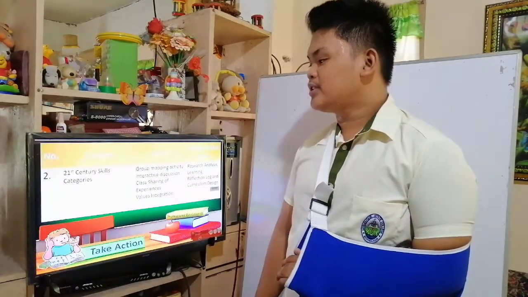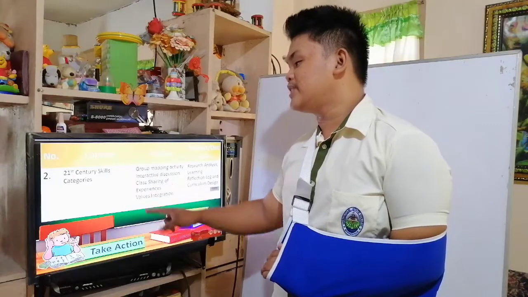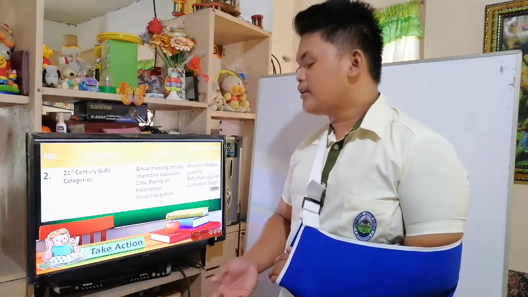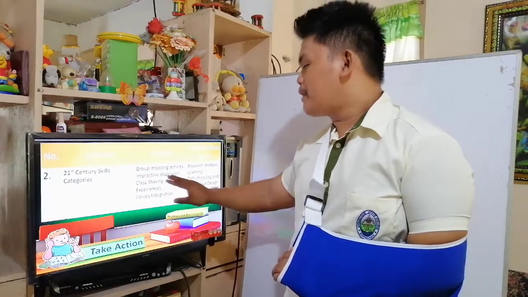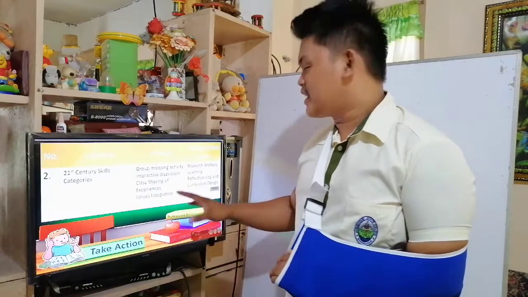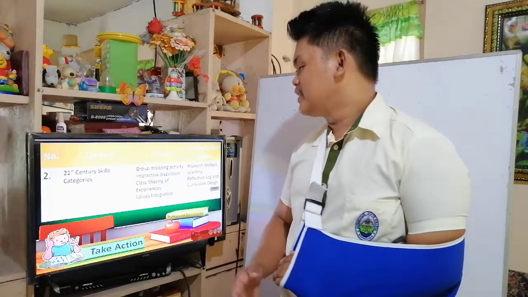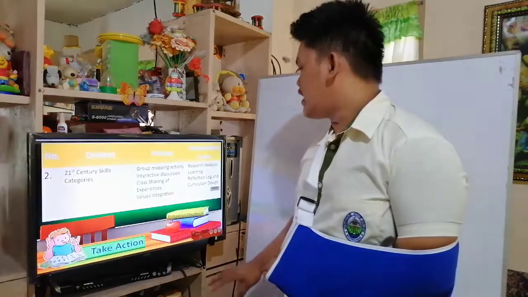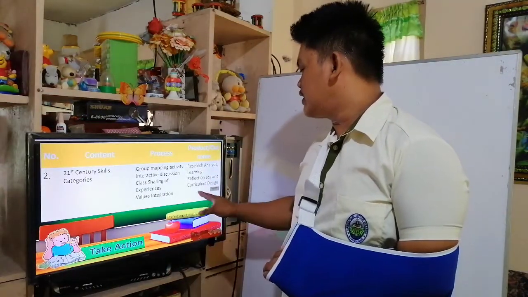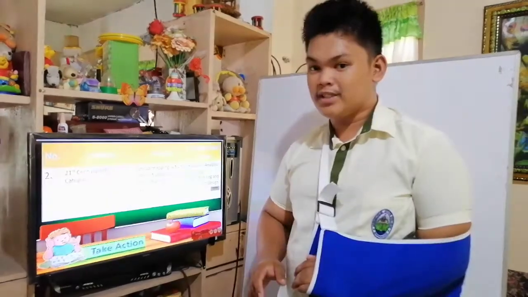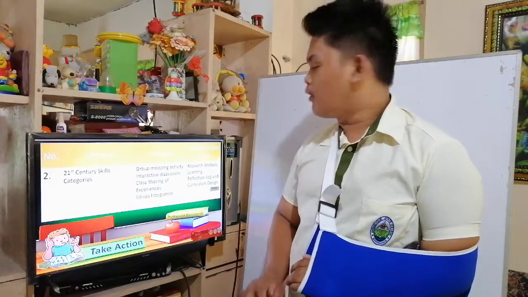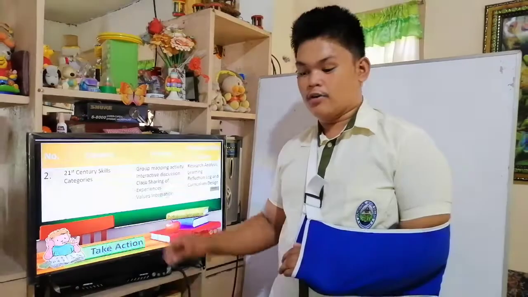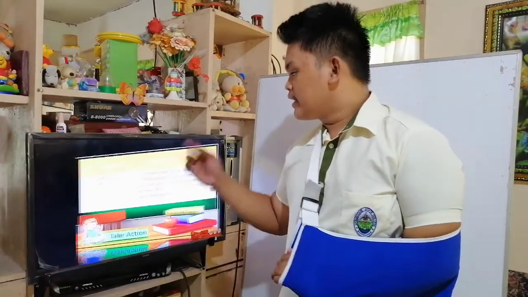Next, we have the second content, which is the 21st century skills categories. We are going to deliver it through group mapping activity, interactive discussion, class sharing of experiences, and values integration. We expect to have research analysis, learning reflection log, and curriculum design as a product or outcome of this curriculum.